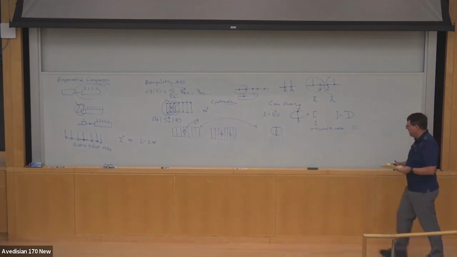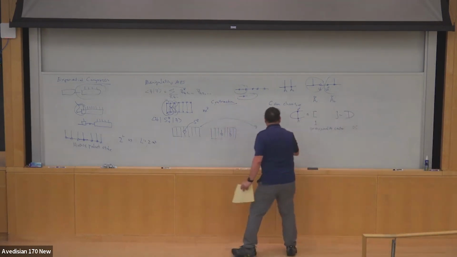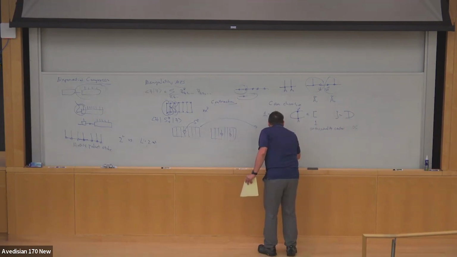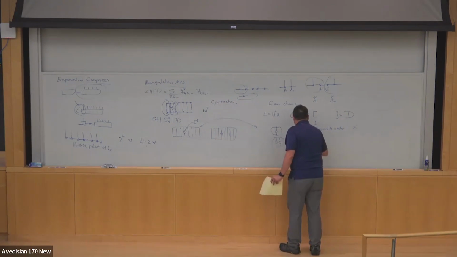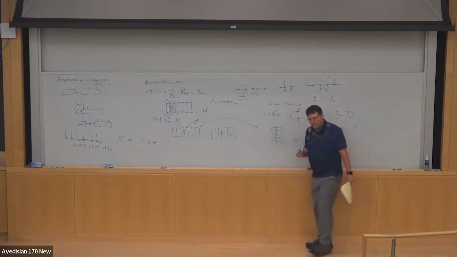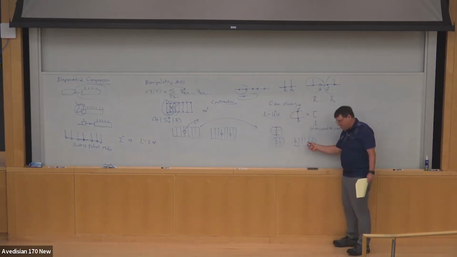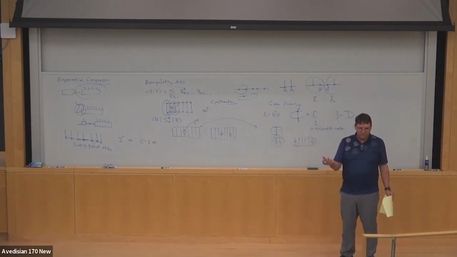Okay, in doing these contractions, if they're near neighbors, you get to contract all the way down to this. And if they're farther apart, you have to put the lines in between. You can't get rid of them. These ones in the middle are telling you how correlation functions behave.